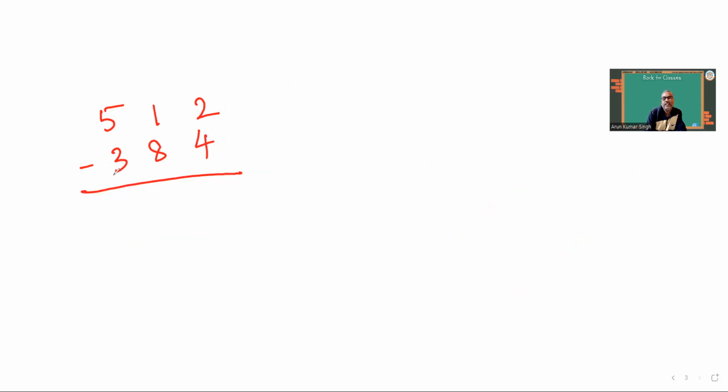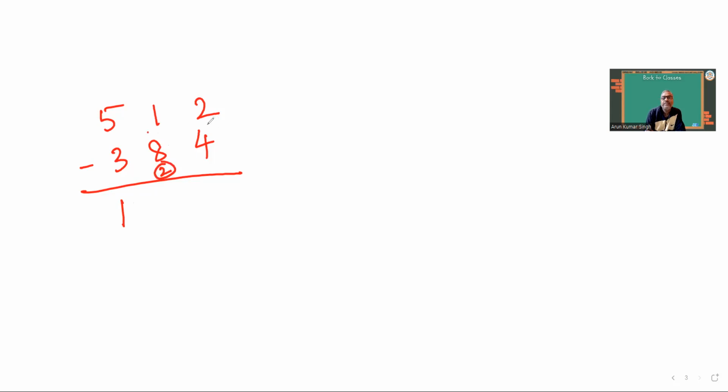5 minus 3 is 2, so this is a match. Then 1 minus 8 is a mismatch, so here it will become 1. When we have a mismatch, the complement of 8 is 2, so 1 plus 2 is 3.